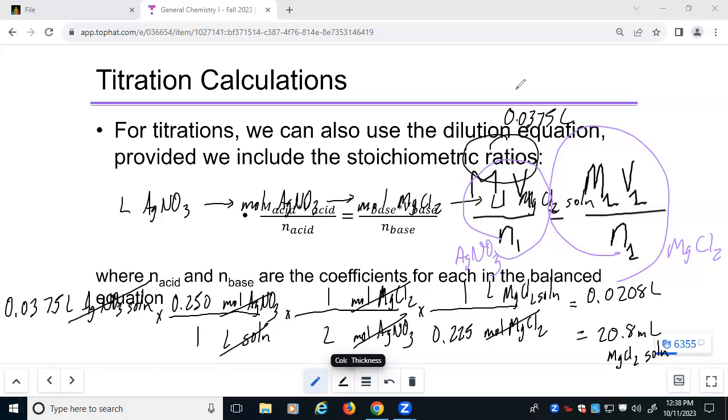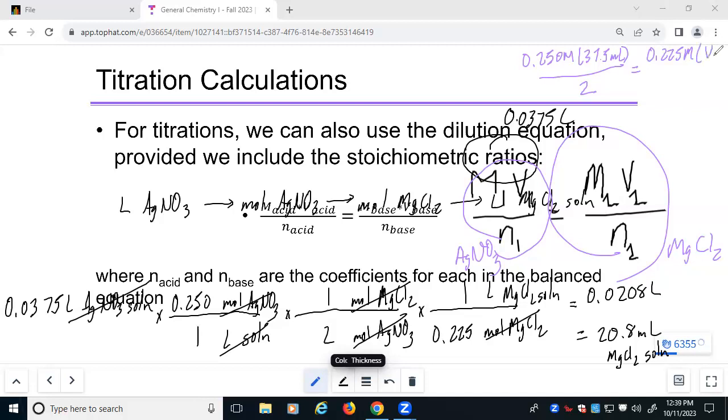The molarity of the silver nitrate was 0.250 molar. We had 37.5 milliliters of it. The stoichiometric coefficient for the silver was 2. On the magnesium side, we knew that the concentration was 0.225 molar.